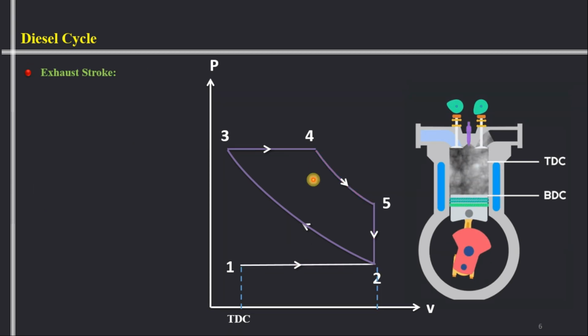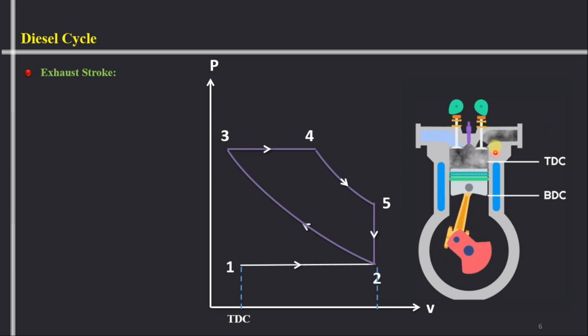The last stroke is the exhaust stroke. In the exhaust stroke, the exhaust valve is open and the inlet valve is closed, and the piston will move from bottom dead center to top dead center, and it will sweep all the exhaust gases out of the cylinder. As the exhaust valve is open, the pressure inside the cylinder will be atmospheric.